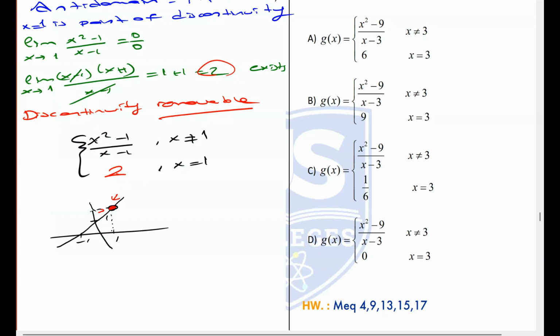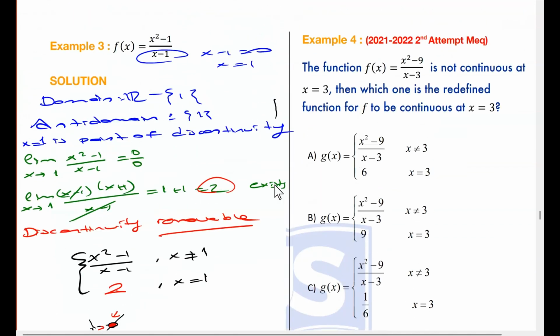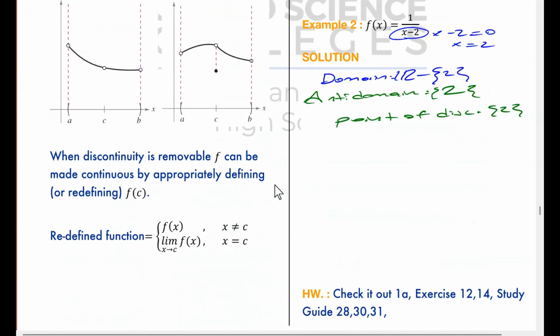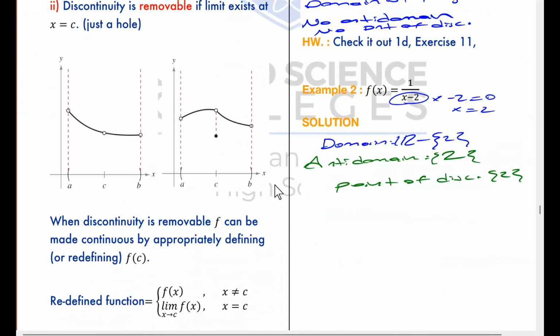Alright? I think I forgot to do this for the previous question. Let me get back to the previous one. So this one, I found the point of discontinuity, but I didn't determine the type of discontinuity. What is the type of discontinuity here? To know, we should check the limit. Limit as x approaches 2 of 1 over x minus 2.